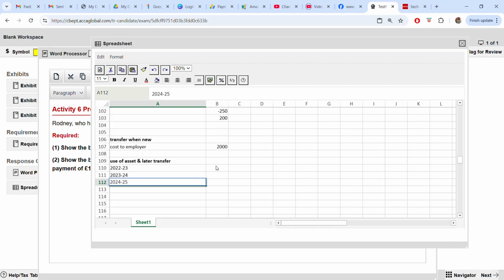What is the amount? 2000 multiply by 20%. You have to take 20% of the value of the asset into how many months? It is October. So from October to April, it is 6 months. 200. Here it would be simply 2000 into 20% for one whole year. So it's 400.